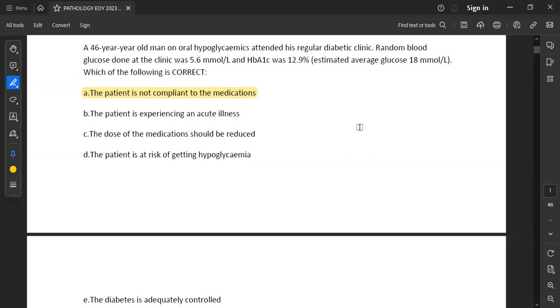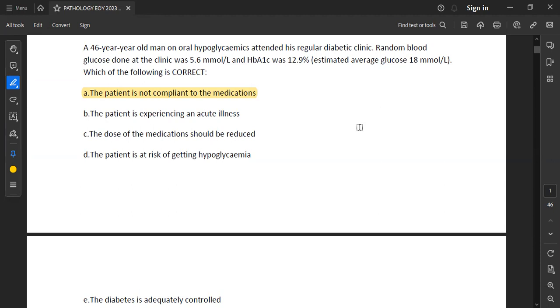We can see if he's taking them regularly or whether they should change the medication. Then let's rule out the others. The patient is experiencing an acute illness, not necessarily. The dose of medications should be reduced. No, it shouldn't be reduced because, as you can see, the long-term sugar is not controlled properly.